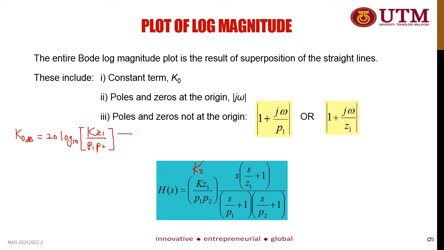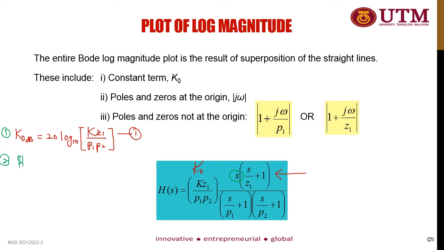Your k naught is kz1 divided by p1 p2. This is the first component you have, followed by, look at the equation on top, the numerator. First, look at the s component outside the bracket. In this case you have one s outside the bracket, so this is the second component.